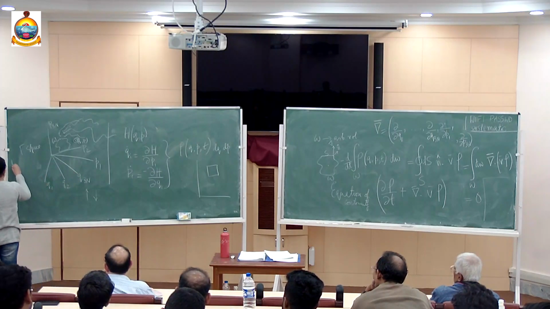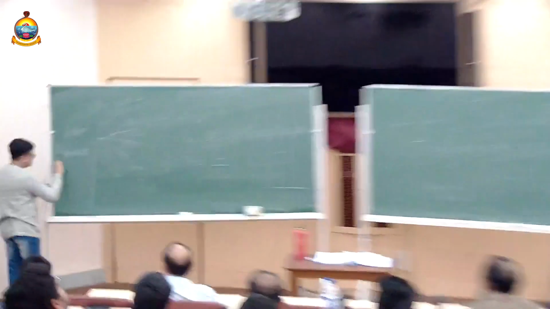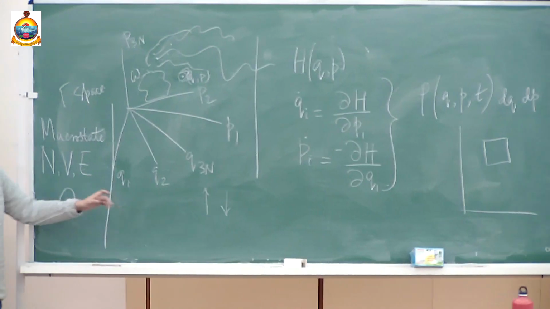Okay, so maybe this is a good place to tell you what the macrostate means in this setting. So the macrostate is defined by the total number of particles that the system has, the physical volume in which the particles are moving, and the energy. It may so happen that there is some observable, let's say the net magnetization or something that is there, that may change as a function of time.